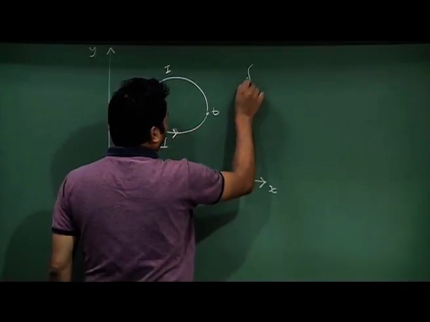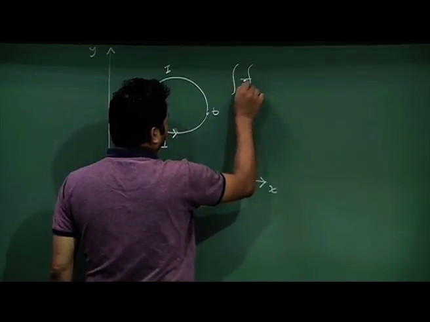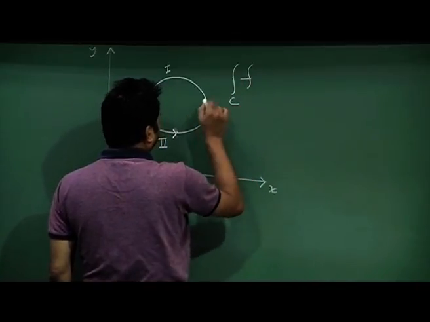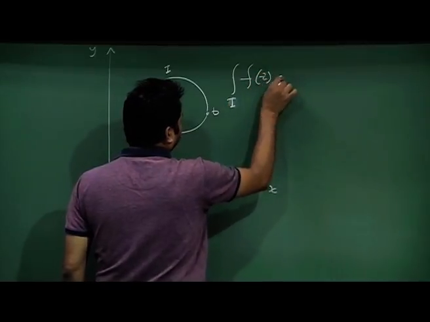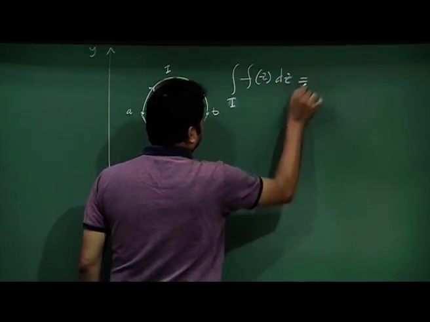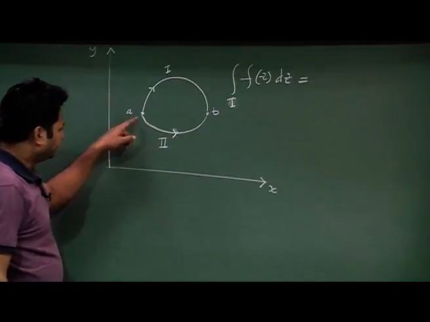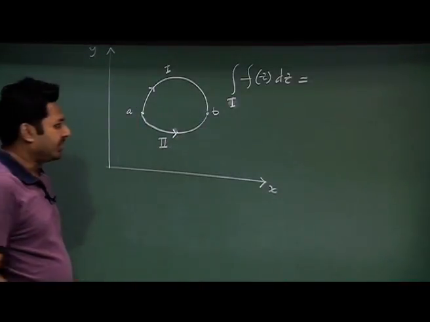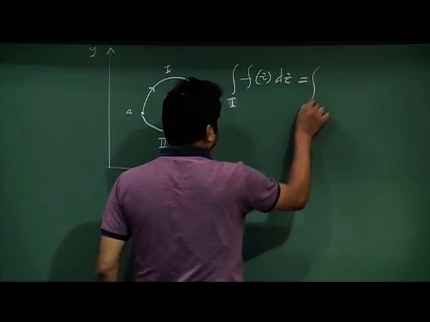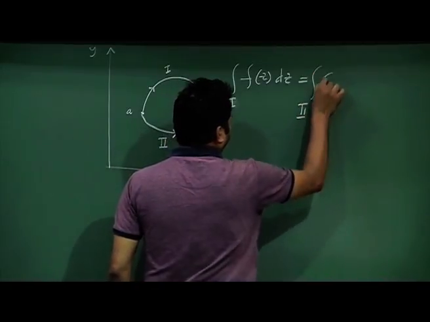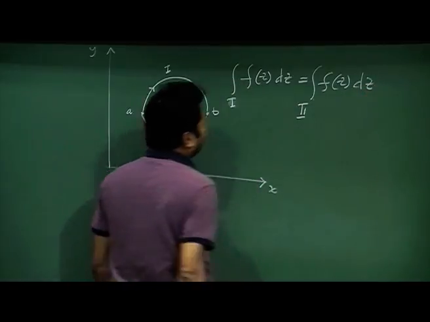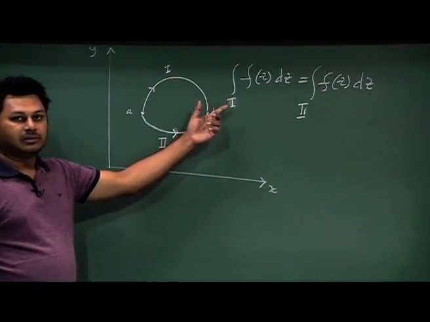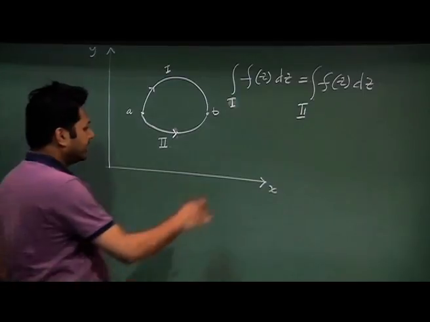So, the integration of f(z) over path 1 dz is equal to this, because it is a path independent integration. That is possible when my f(z) is analytic.